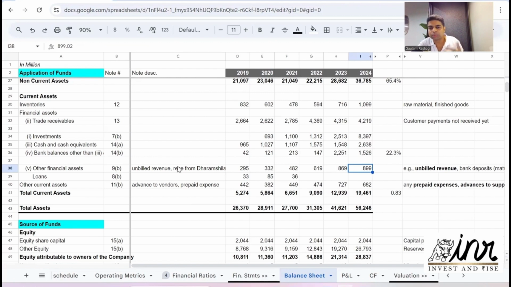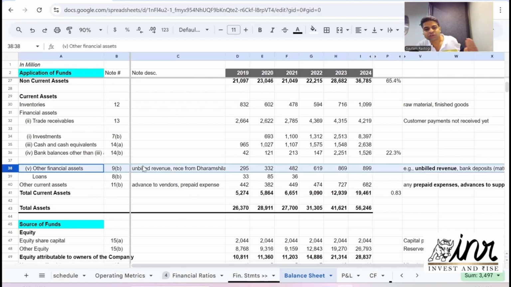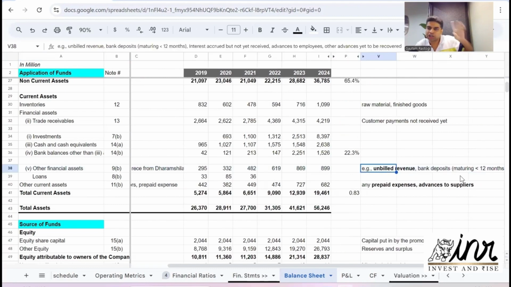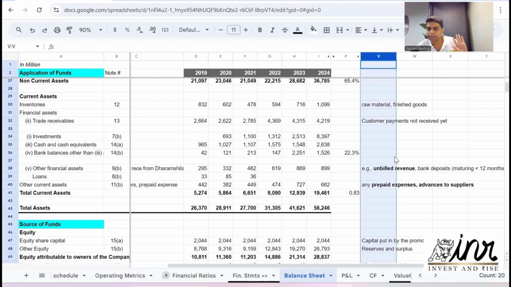Any treatment which is still ongoing when you are constructing the balance sheet falls under unbilled revenue, which is a part of other financial assets within current assets. In the hospital case it is unbilled revenue; for a telecom company, it may be too. But this line item is usually not restricted to unbilled revenue. It may have bank deposits with a maturity of less than 12 months or what have you. There may be other things as well, which I have listed in this column.